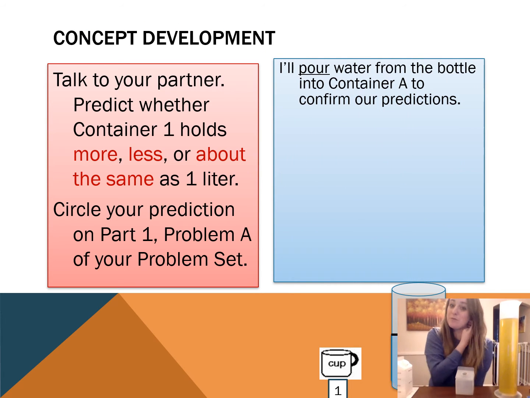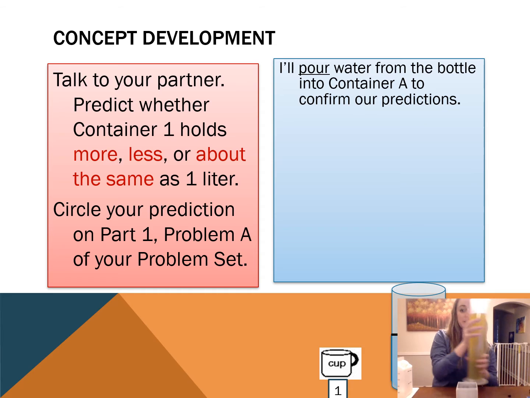Now I'll pour the bottle into container A to confirm our predictions. The top of this does come off, and this is the part that's 1 cup. Now give me some good juju, because now I get to pour. Let's see if it holds more, less, or about the same.